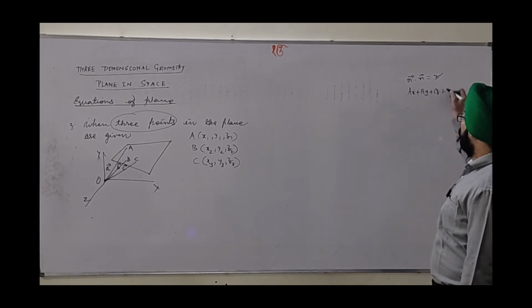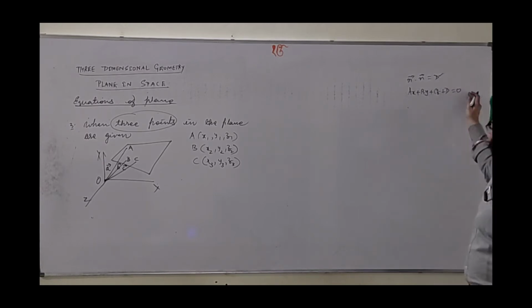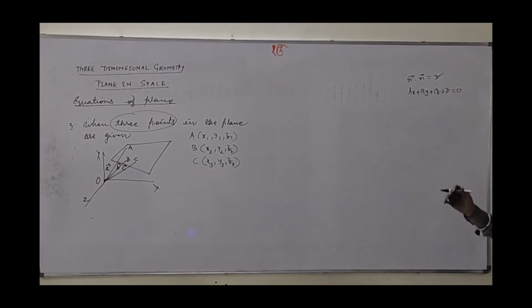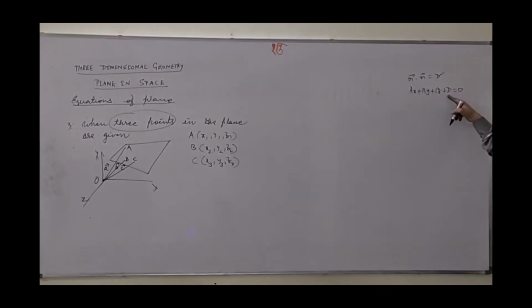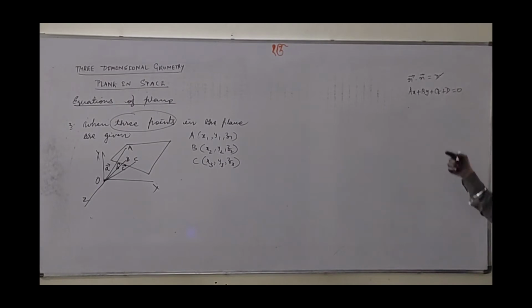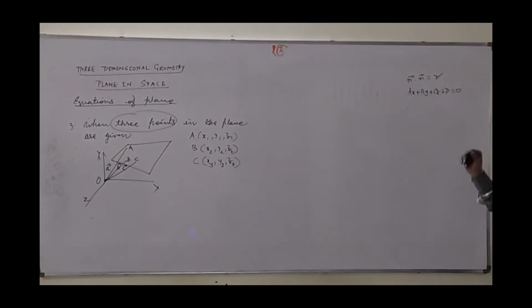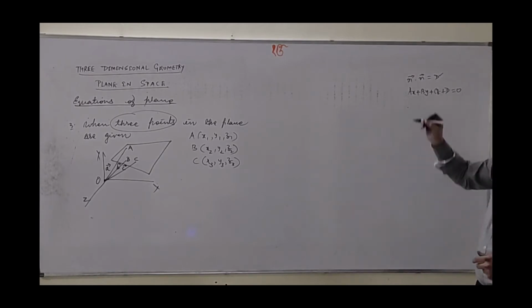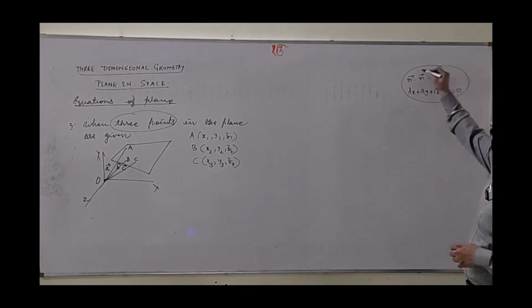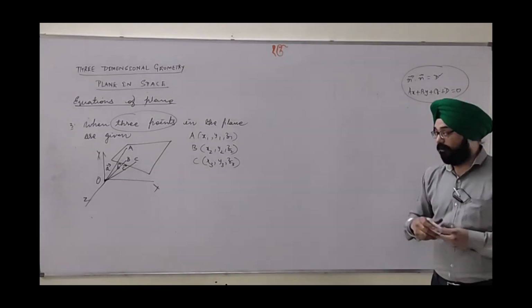Either you can put plus D equal to 0, or you can consider D on this side. It doesn't matter, D is a constant, so the plus and minus sign actually contain the value of D. Shifting doesn't matter when we write in general form. So I will repeat that these two are the general forms of a plane wherever we need to consider.